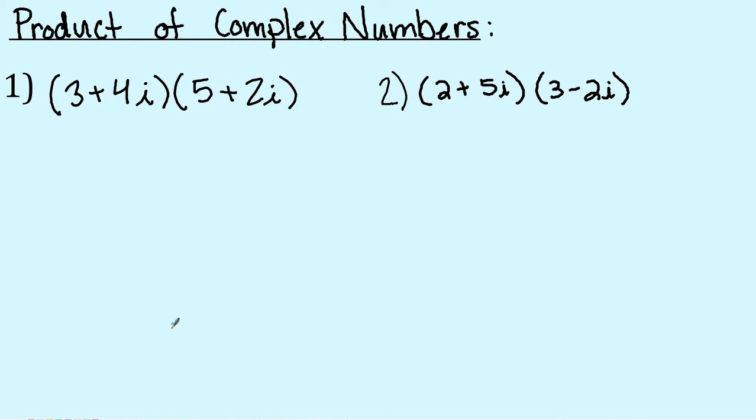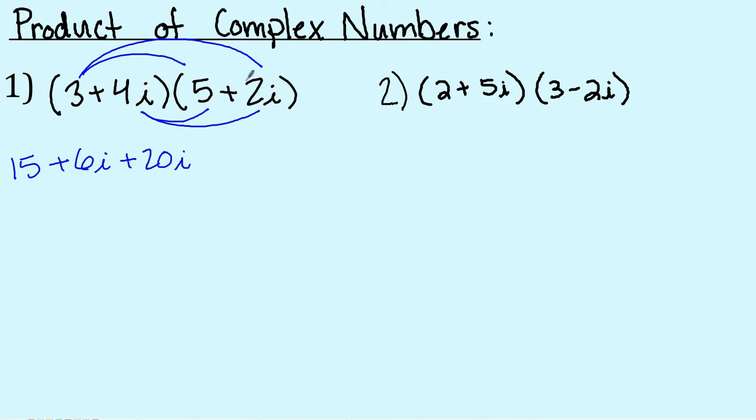Now, for multiplying, the product of complex numbers, we're going to do it the same way as we've done before. So here, we are going to FOIL, right? Two sets of parentheses, we're multiplying, might as well FOIL. FOIL the 3, then FOIL the 4i. So we distribute the 3 first. We get 15 plus 6i. 4i times 5 is 20i. 4i times 2i, 8i squared.